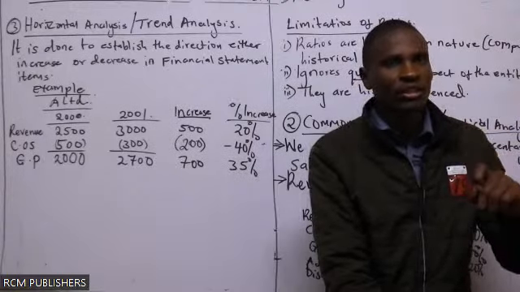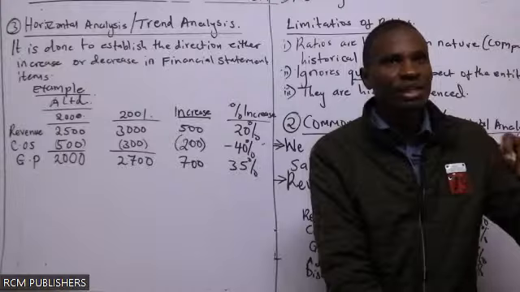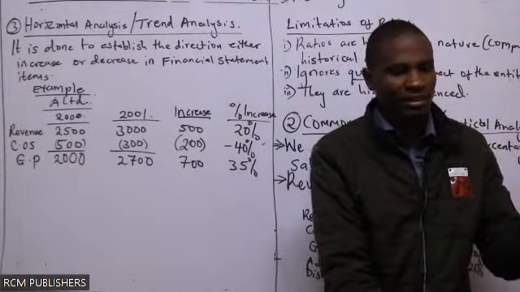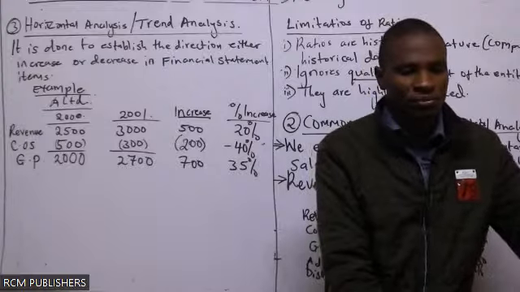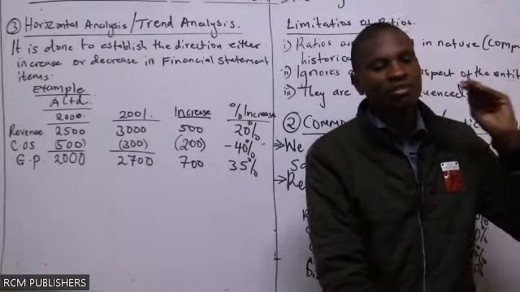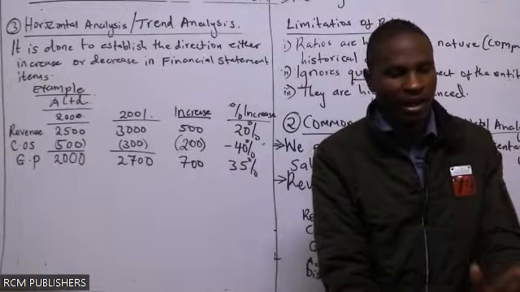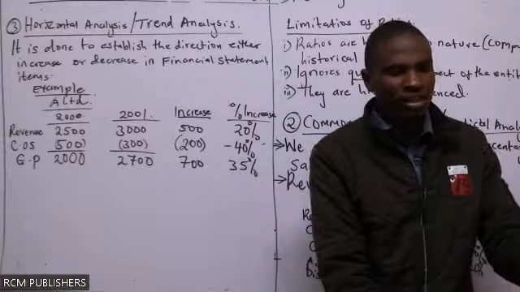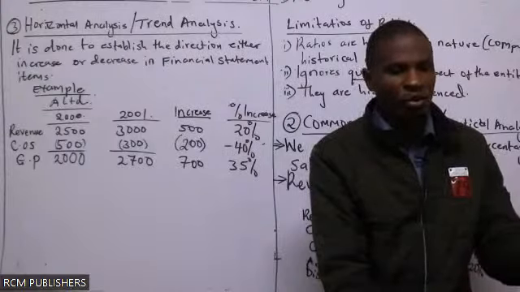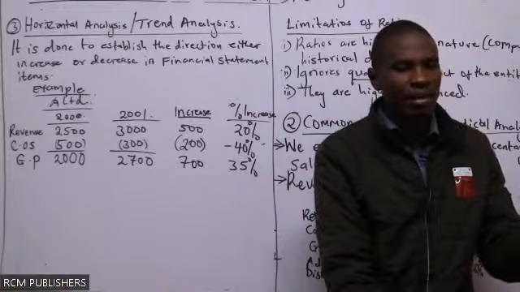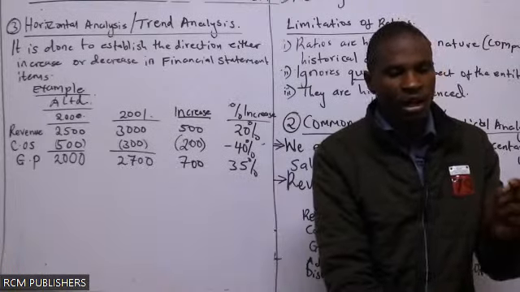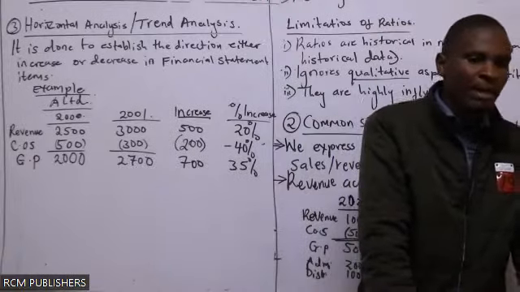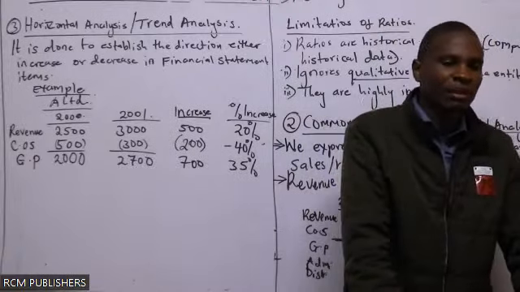The total assets and the total equity and liability will be at 100%, because it will be that figure divided by itself and then multiplied by 100. Other items like inventory, receivables, PPE, you'll be dividing them by the total assets times 100 to get the percentage.